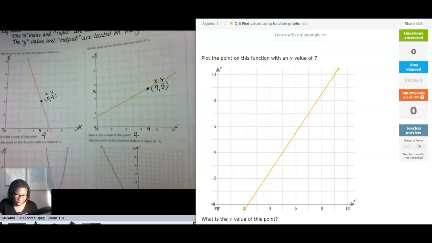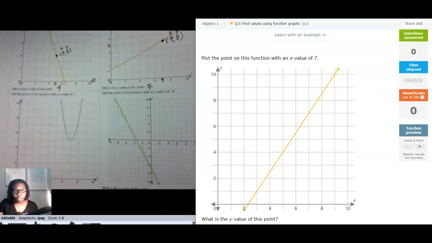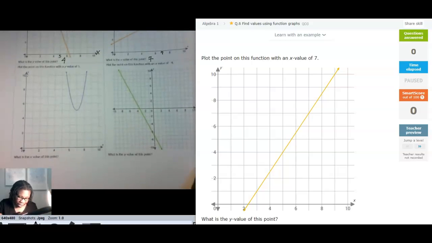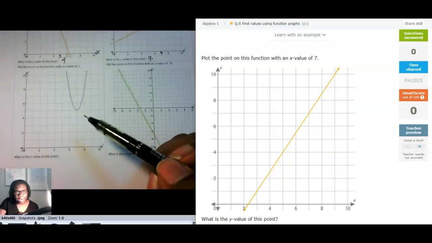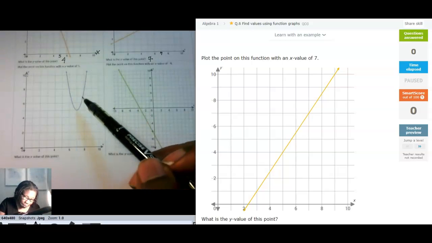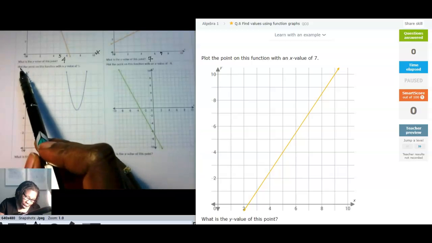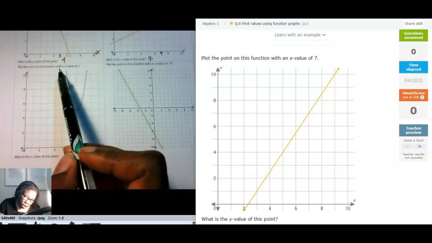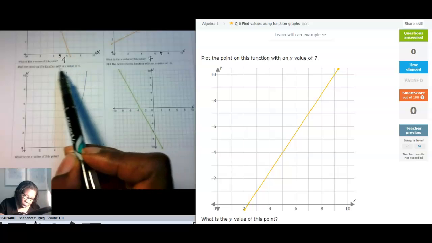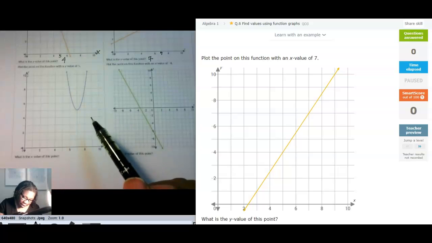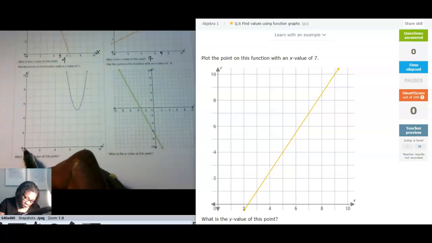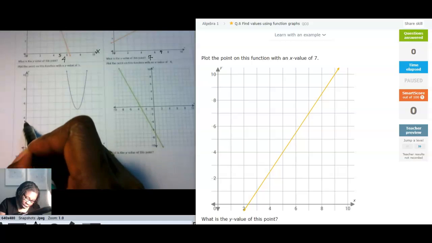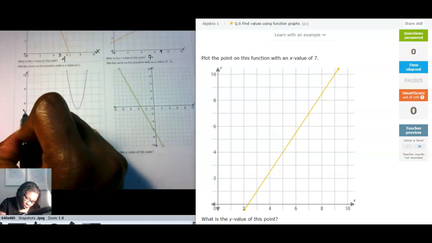Let's continue on. Here we have what we call a quadratic function. We'll be looking at quadratics a little bit later on in the year. So we've got plot the point on this function with a y value of 5. Again, we're going to go up on our y-axis until we find 5. So 5 is right here.